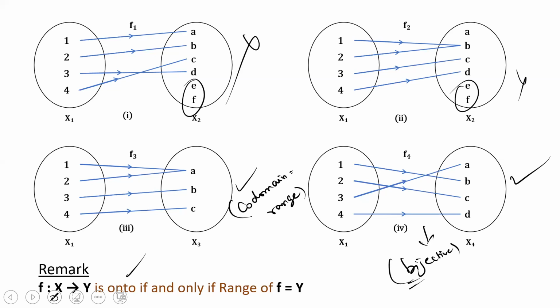Yes, it is onto, but it is not 1-to-1. That is why, you can take a note, it's a many to one and onto.